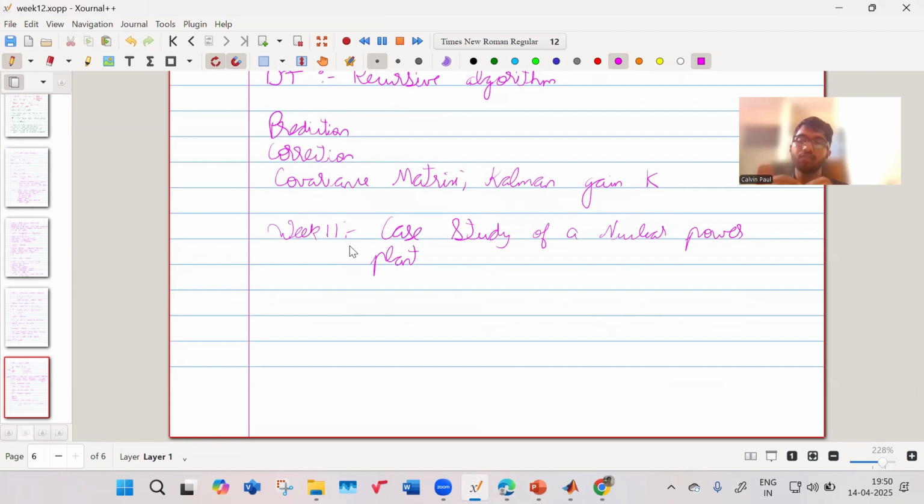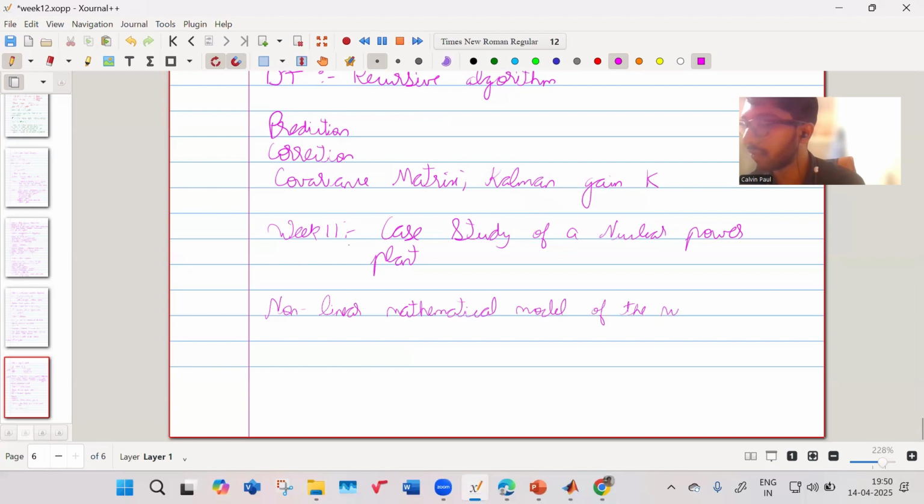Now it should be a controlled nuclear fission. So we develop the non-linear mathematical model of the nuclear power plant. Then Sir found the linearized model around the operating point.